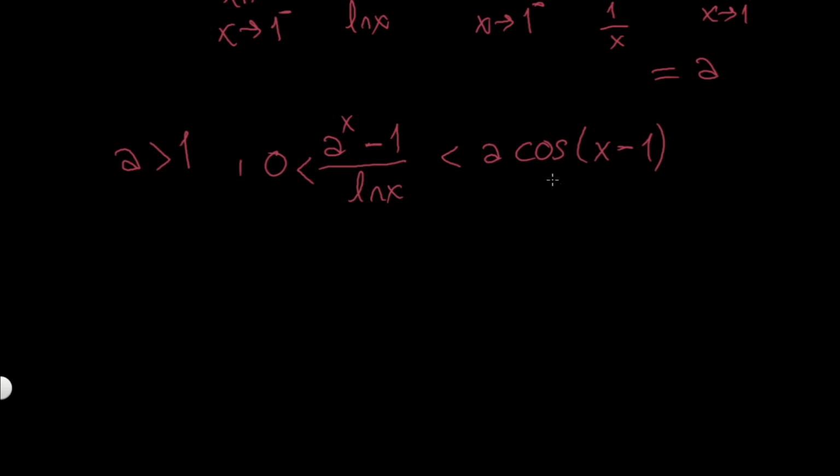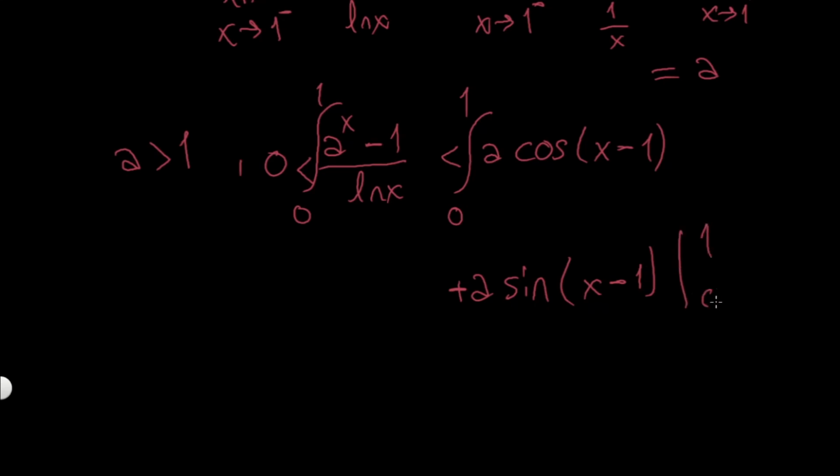If I integrate both sides from 0 to 1, the right side will be minus a times sine of x minus 1. Sorry, it will be plus. If I put in the boundaries, if I put 1, it will be equal to 0.